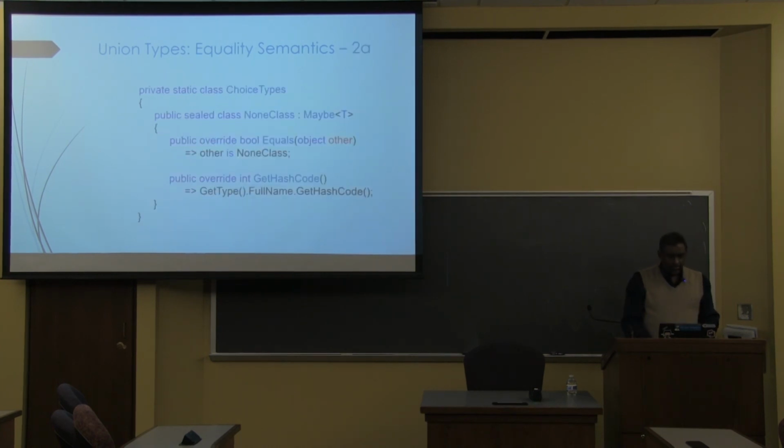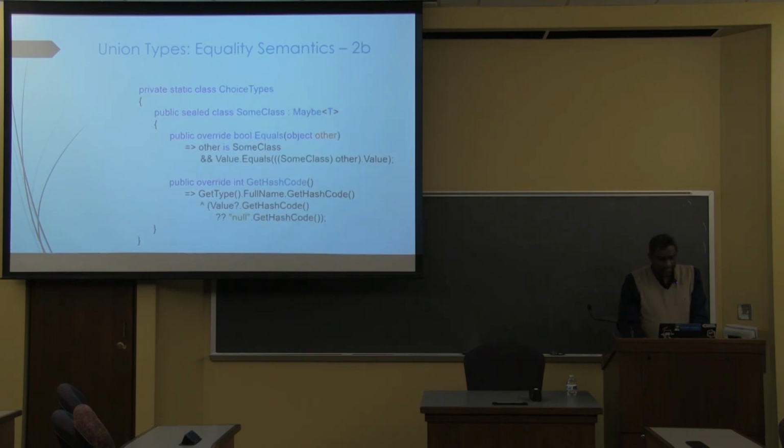And indeed they do. So none overrides equals on an object and implements get hash code. And similarly, sum does that. And if you do this mumbo jumbo and stand on 1 foot and wave a dead chicken long enough, you will get value semantics.